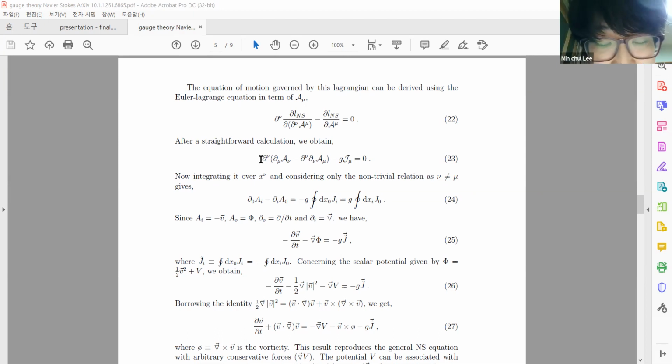Okay, as Professor Glimm said, this is the original equation of motion, which looks more like a gauge invariant form.